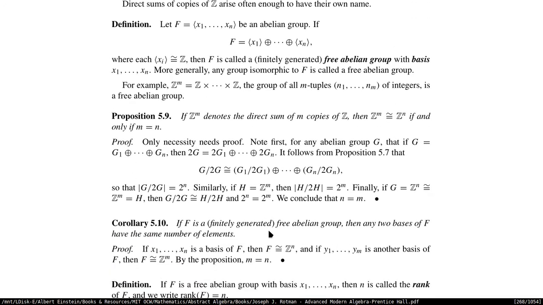Okay, proposition 5.9. You have Z to the m. So Z to the m is just m copies of Z, right? It is the direct sum of m copies of Z, but if it is isomorphic to any other power of Z, then the powers have to be the same.